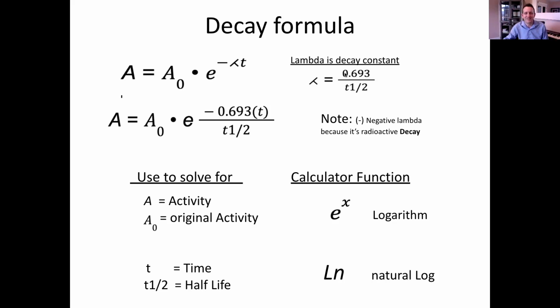Because that's gonna be what you use to solve this equation. Lambda equals 0.693 over T1/2. Now you'll notice here that our lambda is negative. The reason it's negative is because, again, we're working with radioactive decay. So things are getting constantly smaller. I put that note right here. Negative lambda is because we're working with radioactive decay.